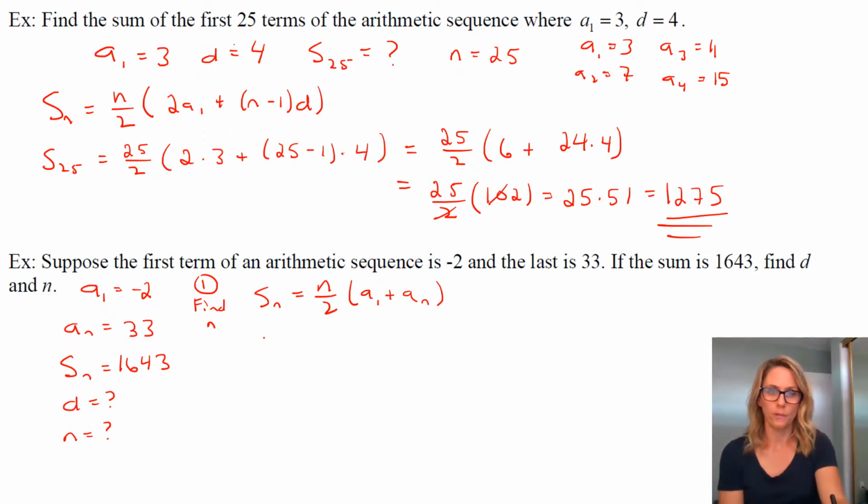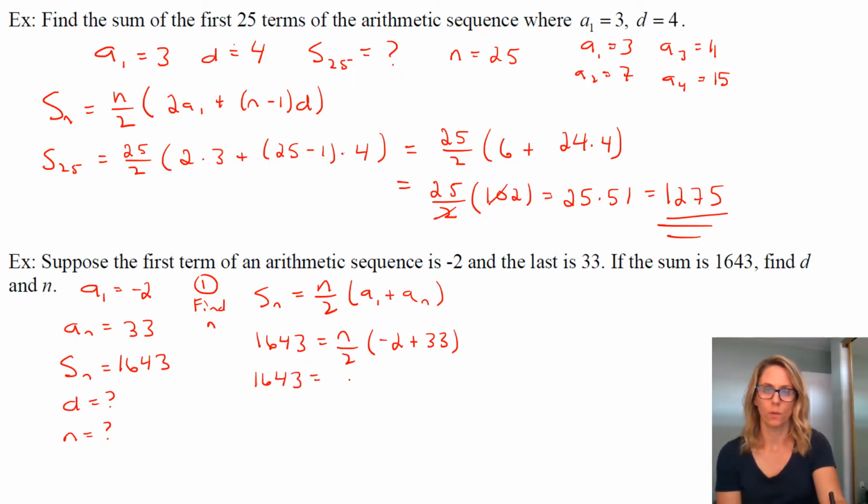So we can put in these values over here. If you want, you can pause and go ahead and see if you can do that. A sub 1, a sub n, and then we just solve. So we will have 31. Okay, I can multiply both sides. That's 3286 equals 31 times n.